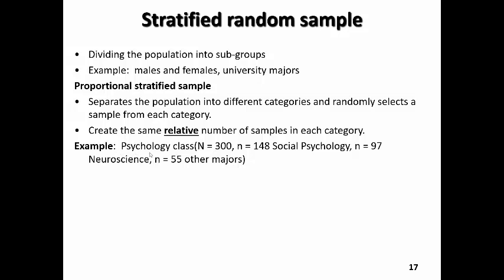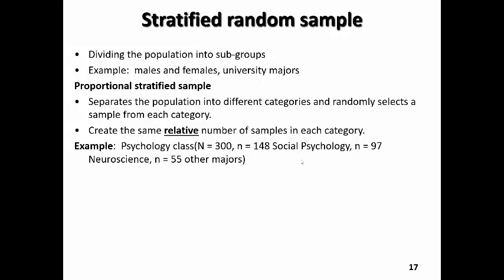In this example, we take a first year psychology class. That becomes our population, and if our population here is 300, we have 300 students in that first year psychology class, and we make up 3 different categories. We have those students that are majoring in social psychology, students that major in neuroscience, and then other majors. So we have 148, 97, 55.